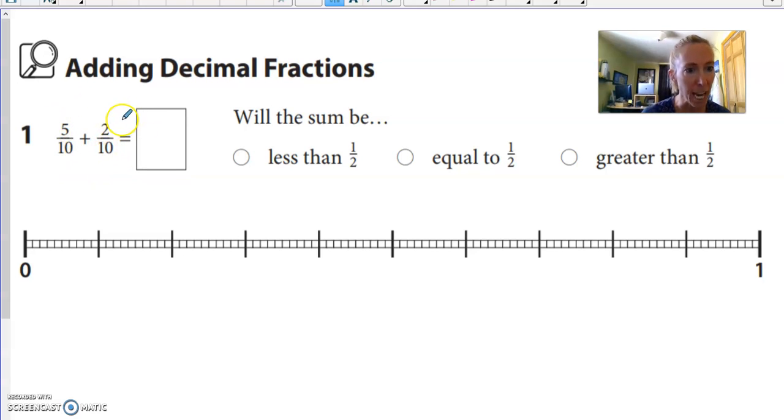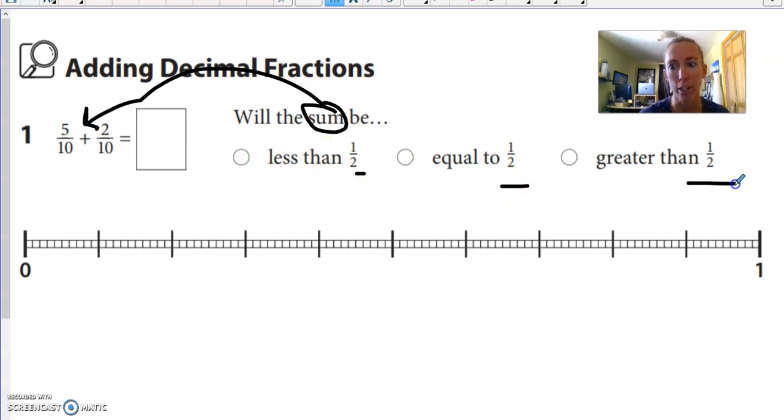All right, let's try one more. What if they're both in tenths? And it says I have 5/10 plus another 2/10. Will this sum, the answer to this addition problem, be less than half, equal to half, or greater than half? What do you think? Pick one in 3, 2, 1. Well, I know 5/10, look at this, 3, 4, 5 is right here.